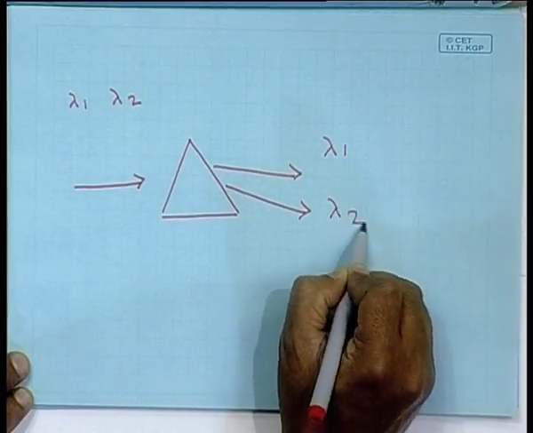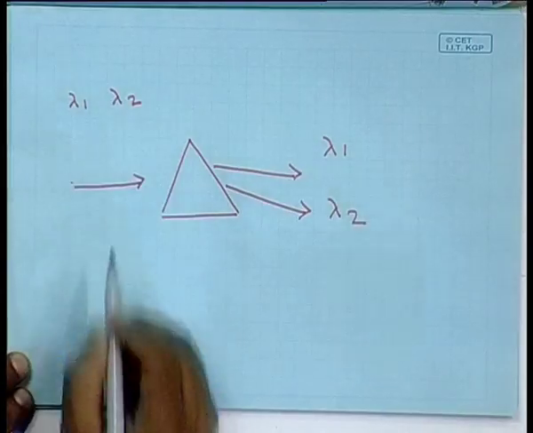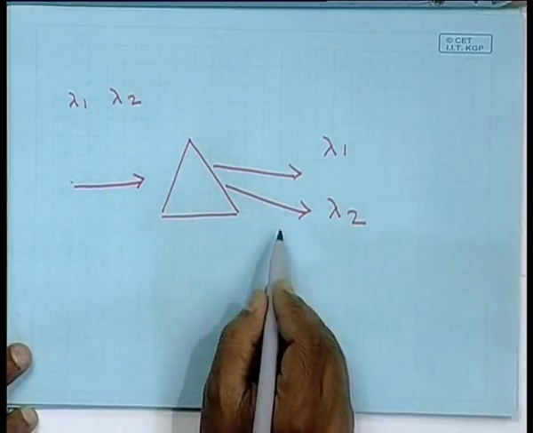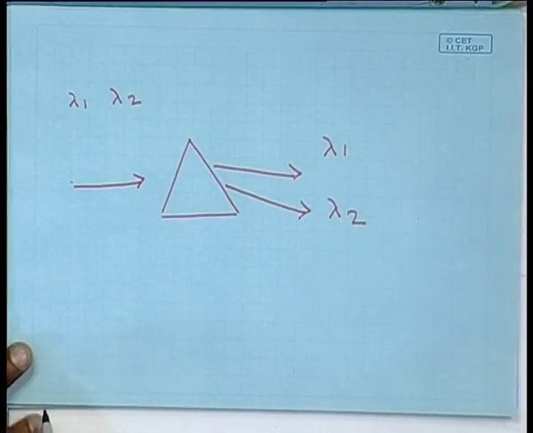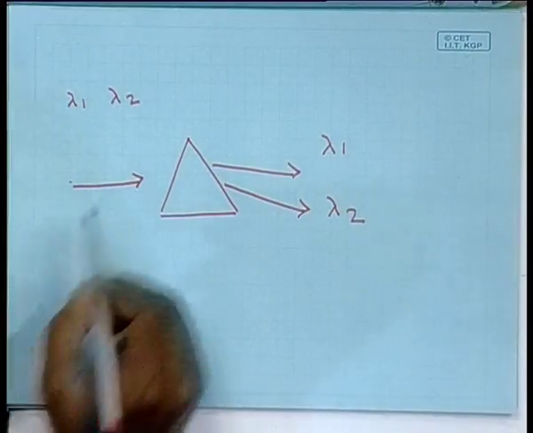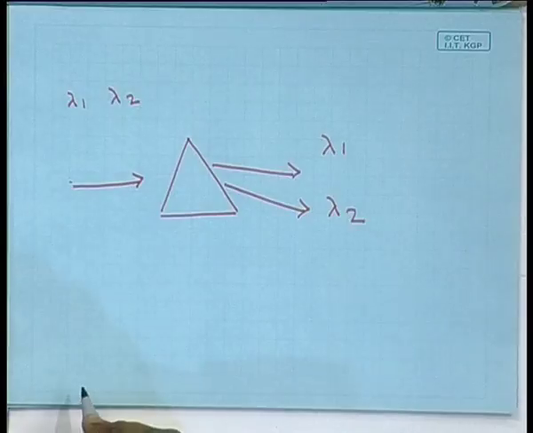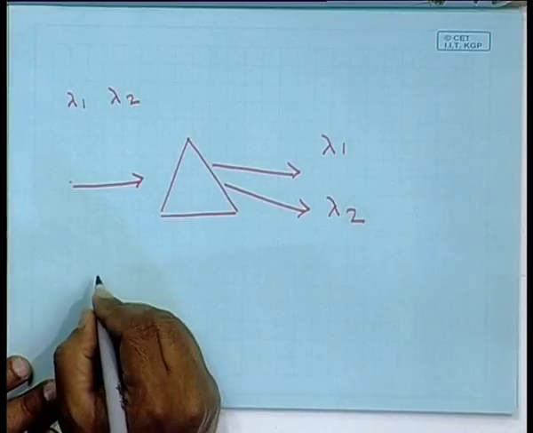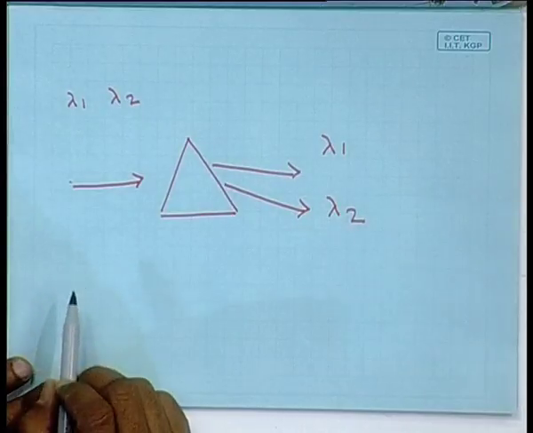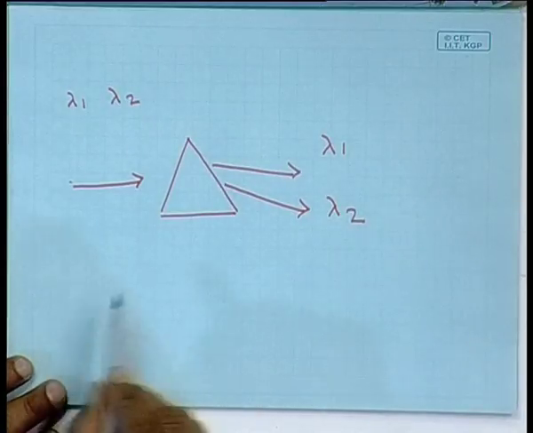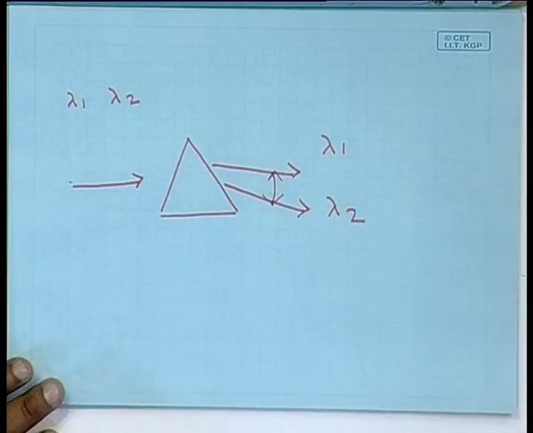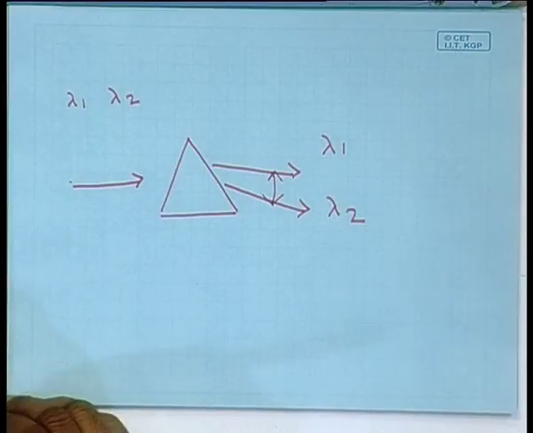Even though they are incident at the same angle, the light would get dispersed and the two different wavelengths would come out differently, and you could determine the fact that there are two different wavelengths in here, not one. But this will work only if the separation between these two wavelengths is quite large. If the separation is very small, then the difference in angle between this and this would be very small and you would not be able to measure it.